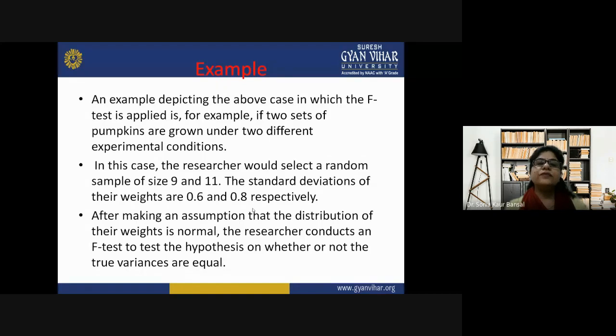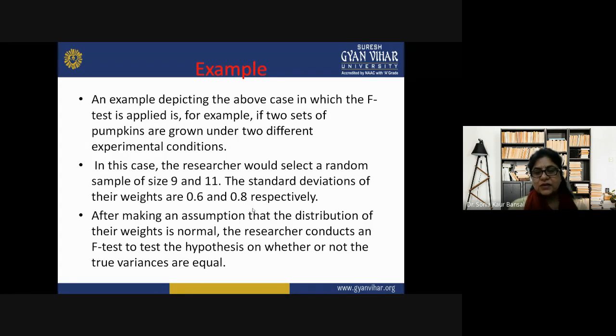Now let's have a look at an example depicting the above cases in which the F-test is applied. For example, two sets of pumpkins are grown under two different experimental conditions.